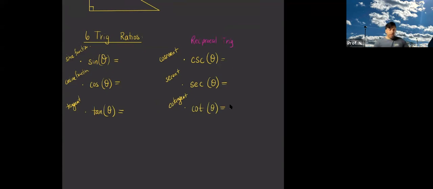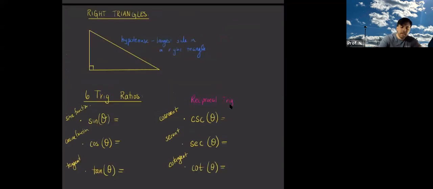Okay, so again, some of you may have seen this already, that's fine. But we need to make sure everyone's on the same page. So let's suppose I have this angle theta somewhere in the right triangle. And what we're concerned about are 3 sides. The first of which is the opposite side to theta.